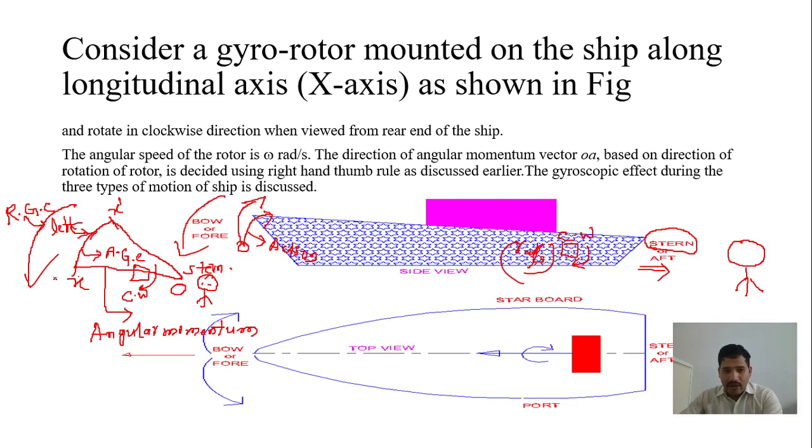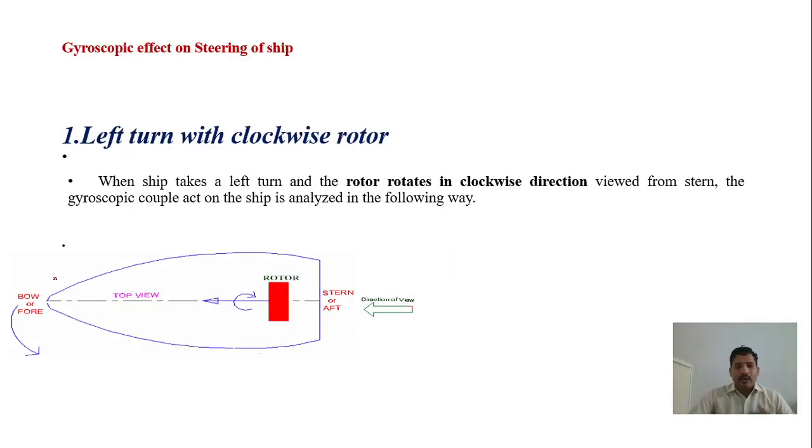Let us see the next example. What will be the effect on the naval ship if it is taking the left turn, but the rotor is rotating in clockwise direction when observed from the stern?